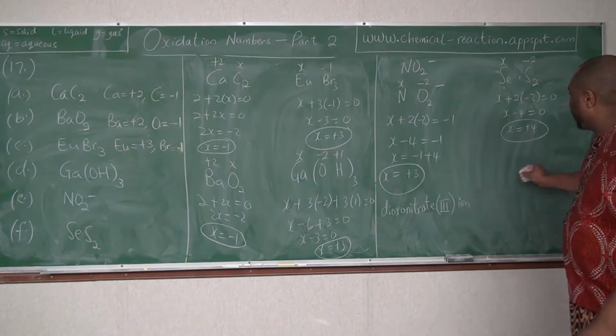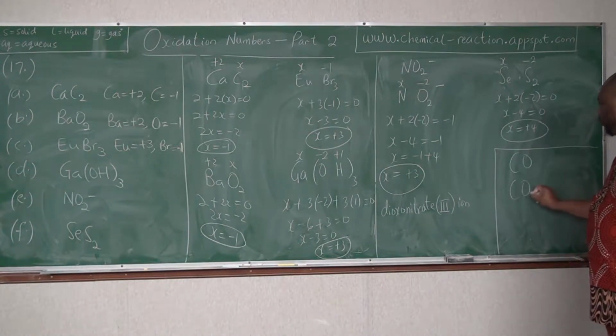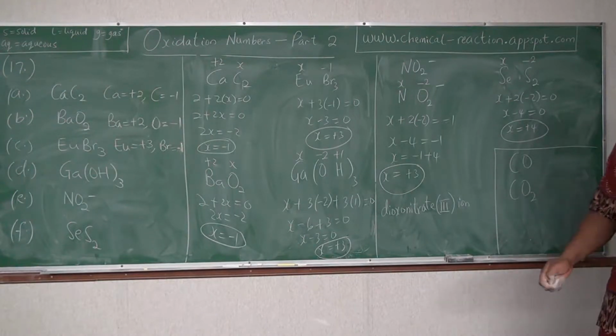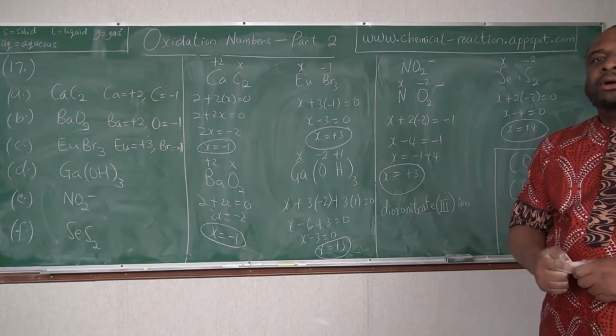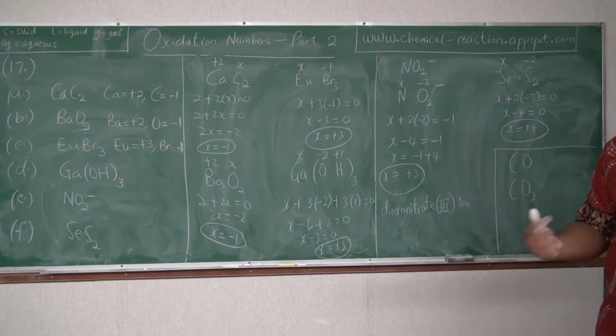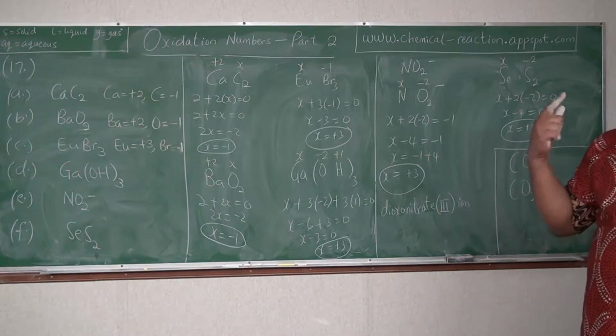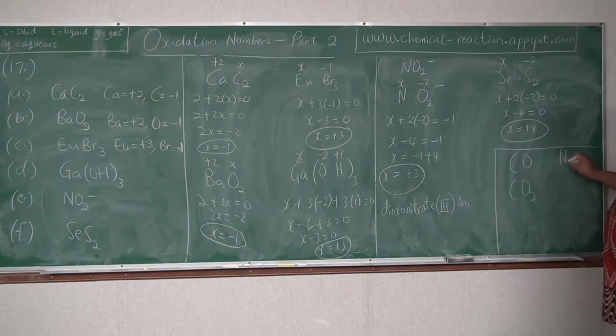Okay? Because if you have carbon now, for instance, you have CO, you have CO2. You can't call both of them carbon oxide. No, because carbon has multiple oxidation states here. So you have to call it, just like the example we did in part 1, where we have nitrogen 1 oxide, nitrogen 2 oxide, nitrogen 4 oxide, and nitrogen 5 oxide.